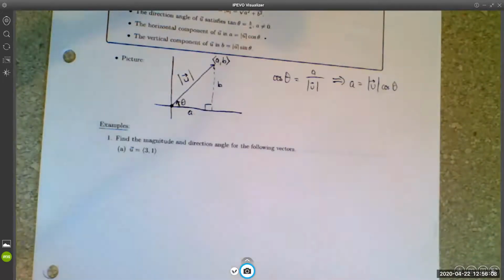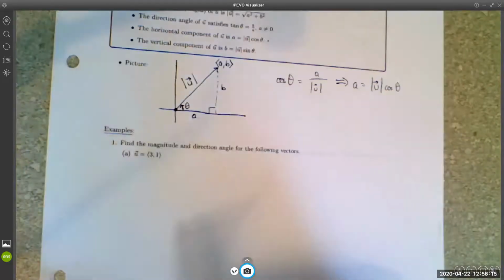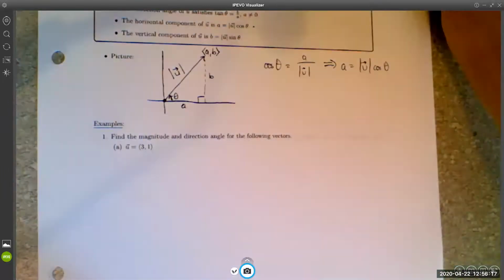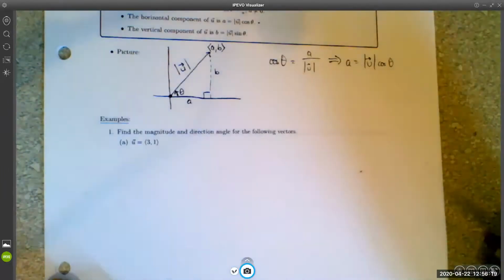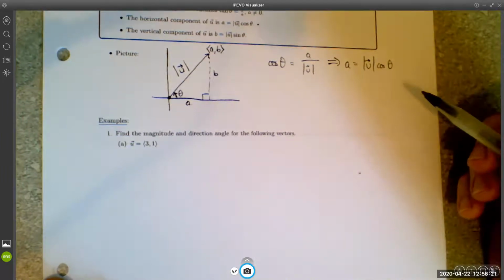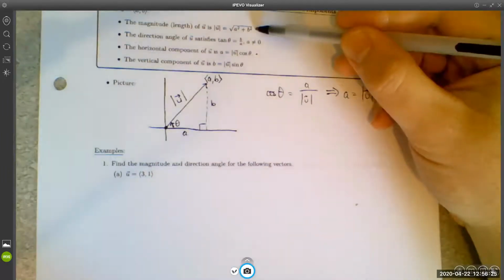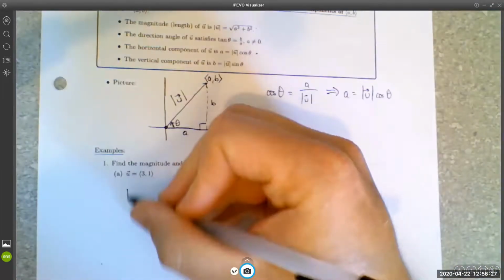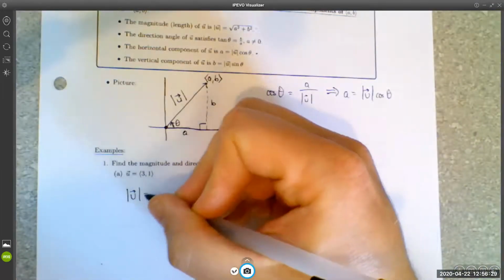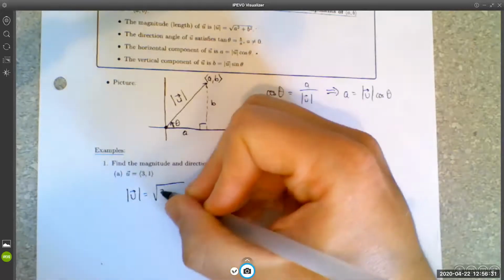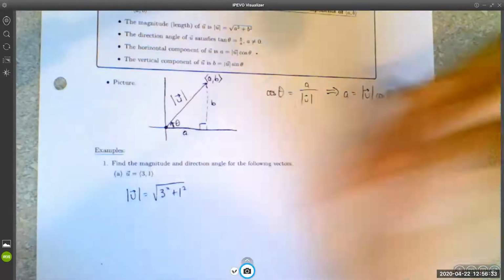This first one says, find the magnitude and direction angle for the following vectors. And this first one is just the vector 3, 1. So the magnitude, we said, is going to be square root of a squared plus b squared, right? So the magnitude of u is the square root of a squared plus b squared.